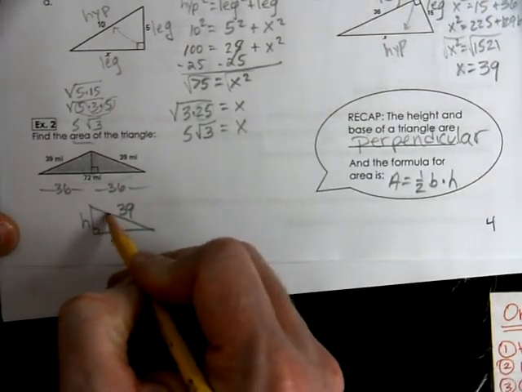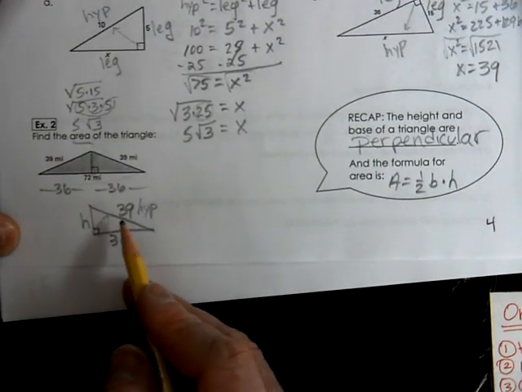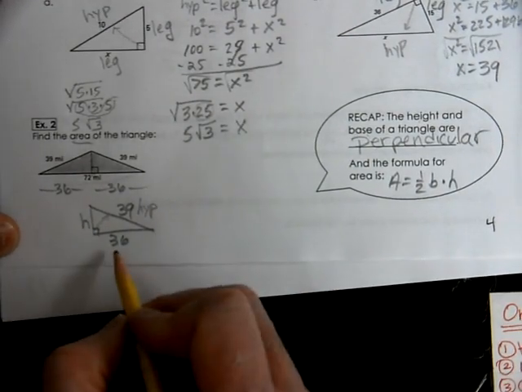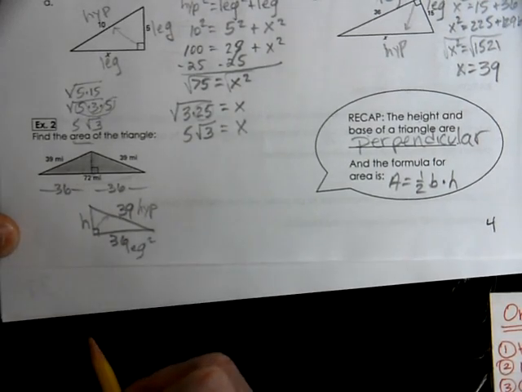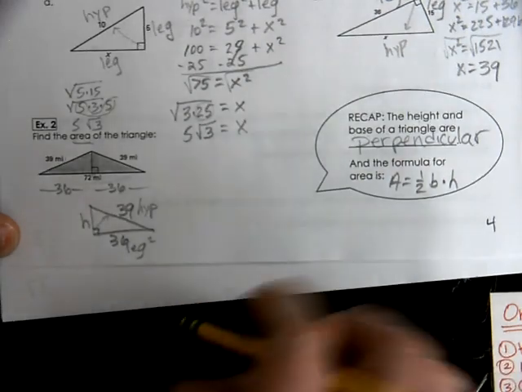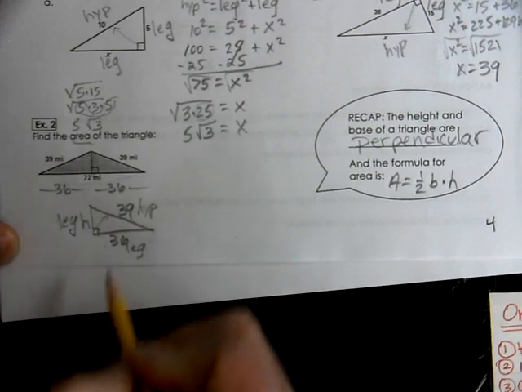So because the 39 is across from the right angle, this is the hypotenuse, and that'll be squared, plus leg squared, and this side is a leg.